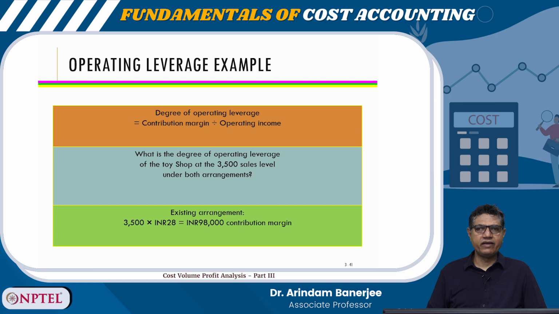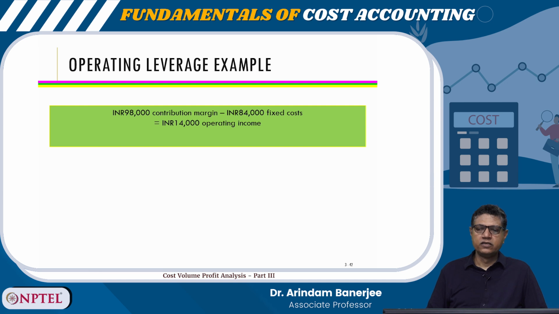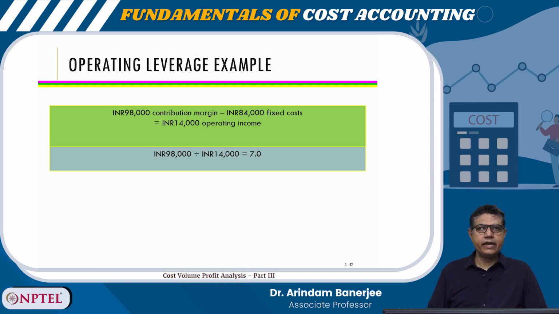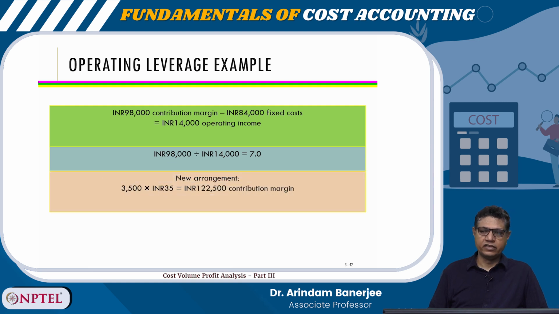So, 3,500 into 28 is rupees 98,000. That is my contribution margin. Minus fixed cost, the original fixed cost was 84,000, so 98,000 minus 84,000 is 14,000 operating income. So, 98,000 divided by 14,000 is 7.0, my operating leverage.